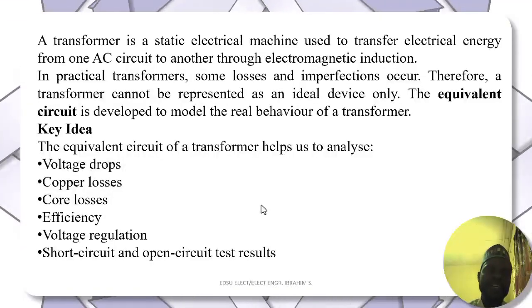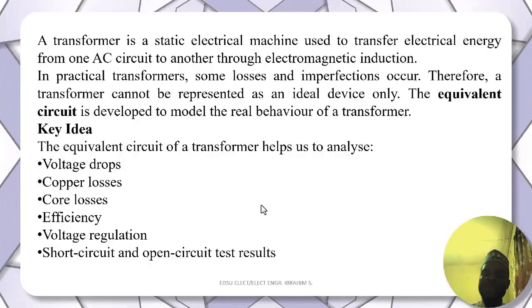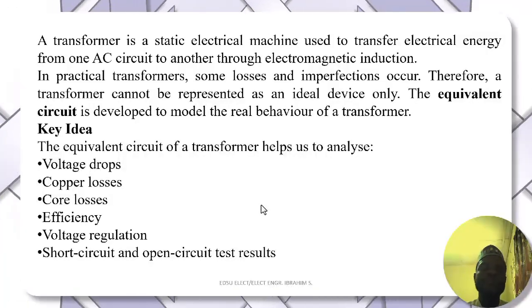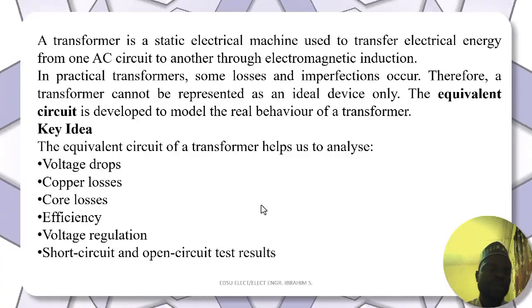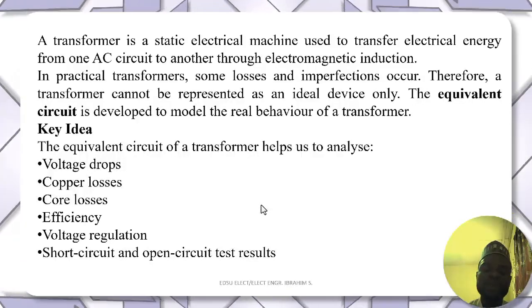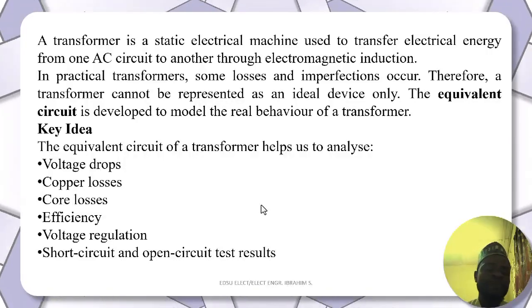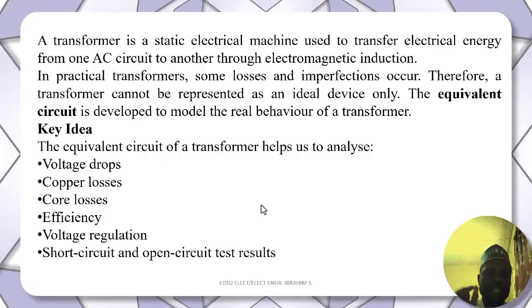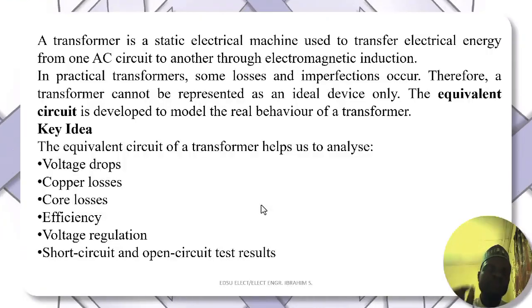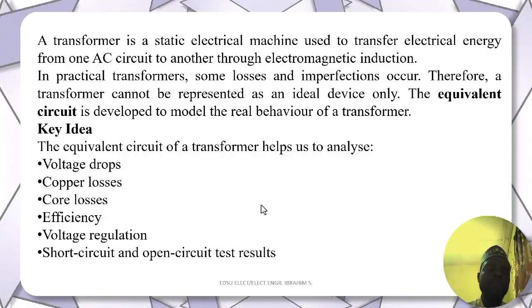The key idea of today's class is that the equivalent circuit of a transformer helps us to analyze the following. One, with the help of the equivalent circuit of a transformer, you will be able to calculate the voltage drop across the transformer, both at the primary side and at the secondary side. Also, you should be able to calculate the copper losses.